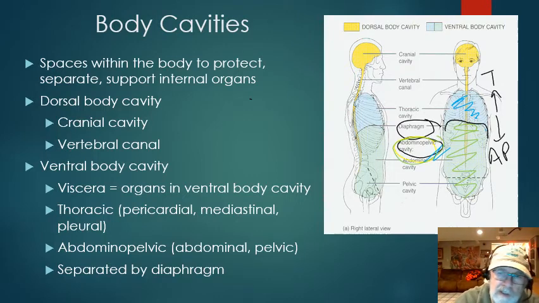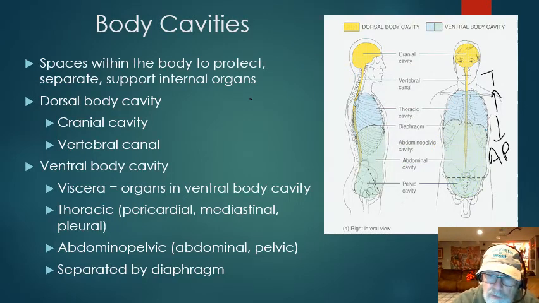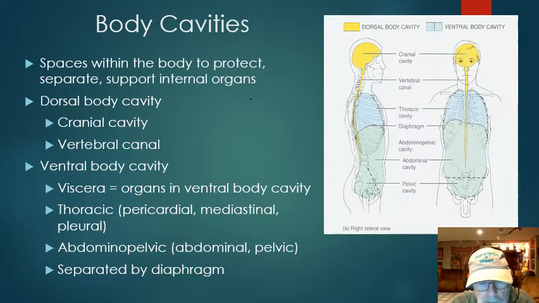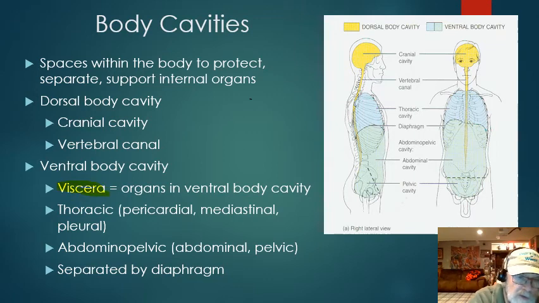Now, you think that's easy? Yeah, it is. That's pretty simple. That's a piece of cake. Well, guess what? We're going to change that up a little bit. Here we go. Now, a word that I want you to know is viscera. This word's going to come up a lot during the course. Viscera just means an organ.